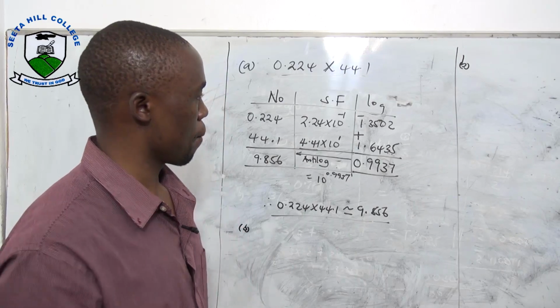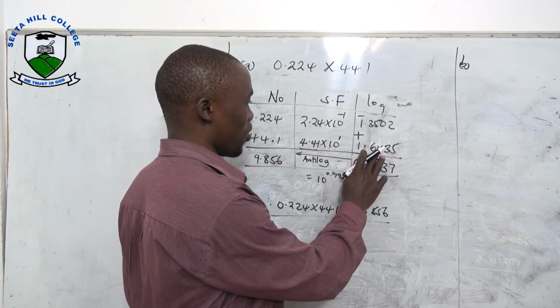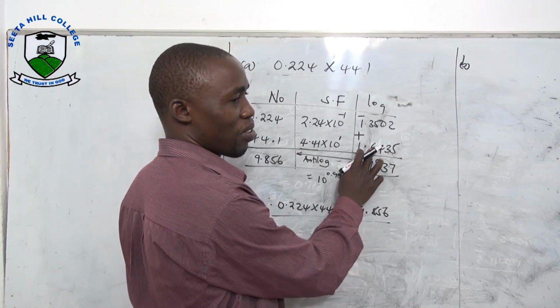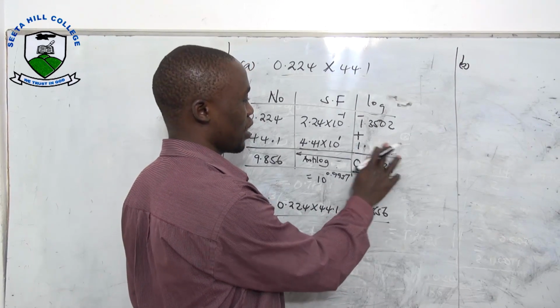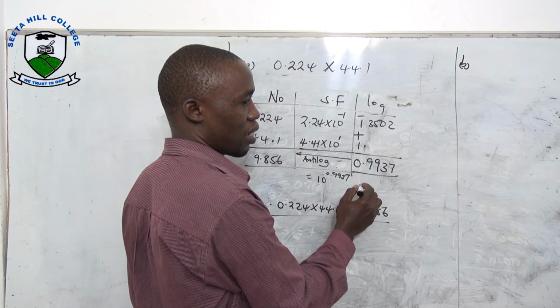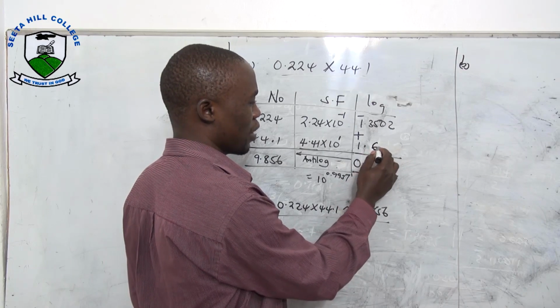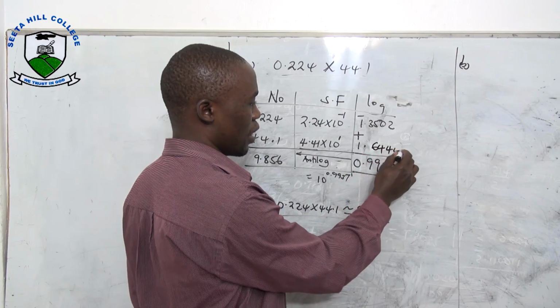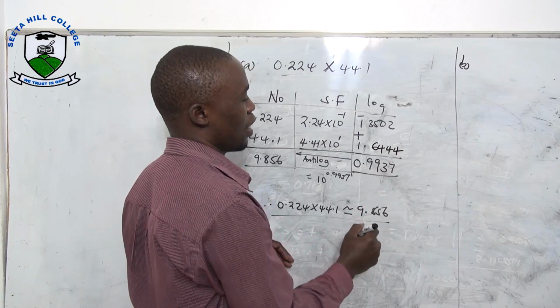The log of 4.41 is wrong. What is it? Mine is 64. It is what? 6444. Like this? Yes. Yeah, you see?